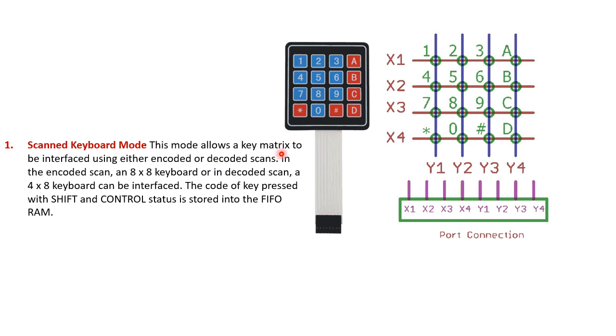This mode allows a key matrix to be interfaced to the microprocessor. This is an example key matrix. We can interface using two different methods: encoded scan and decoded scan. In encoded scan, an 8x8 keyboard can be interfaced. In decoded scan, a 4x8 keyboard can be interfaced.